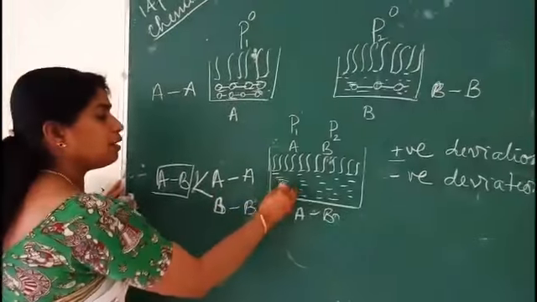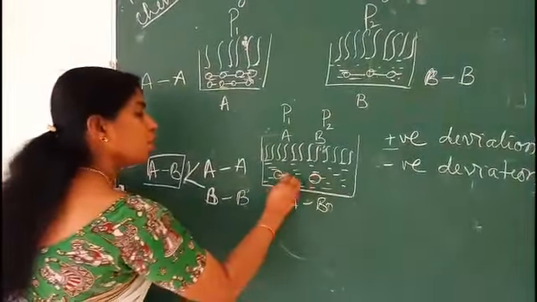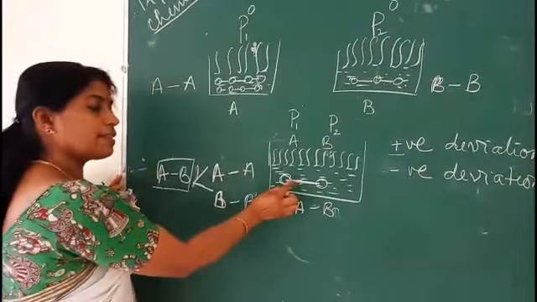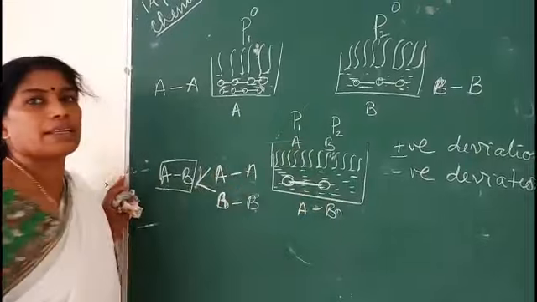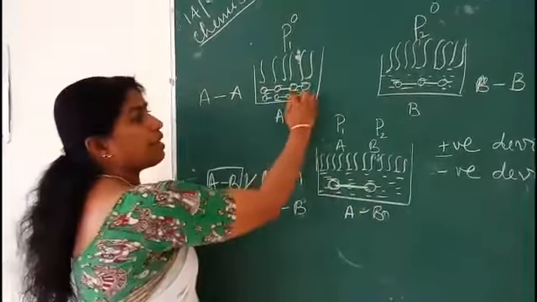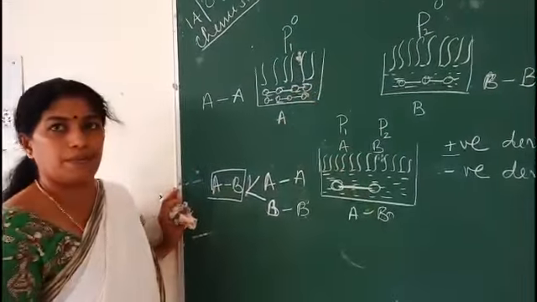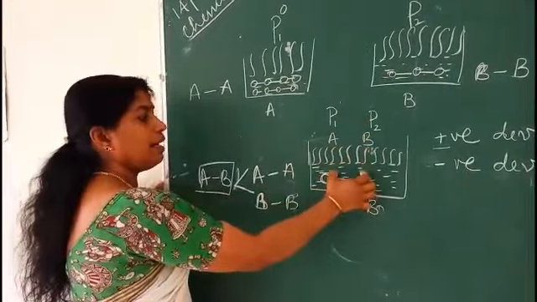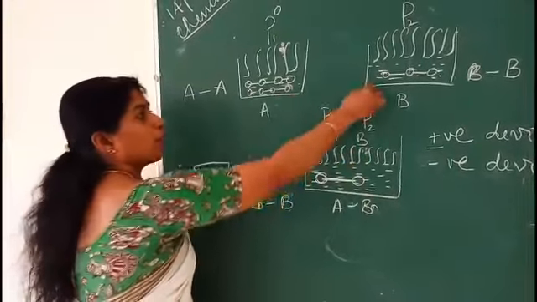Then what will happen? The force of attraction between these molecules is reduced. Reduced means these molecules will easily evaporate, and the solution will be more volatile than A and B. So the force of attraction is less, the molecules easily evaporate, and the solution becomes more volatile than A and B.